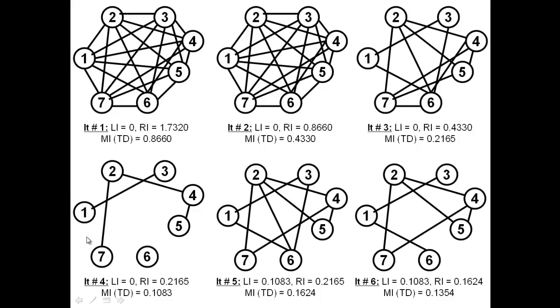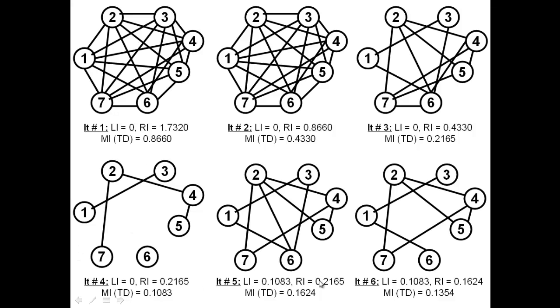And what we get is a graph like this, which is obviously not a connected graph. So set the left index to be 0.1083 because we see that the graph is not connected at the threshold distance of 0.1083, so it's not going to be connected if you go less than this either. So we can move the left index to the right and set the left index to be 0.1083.